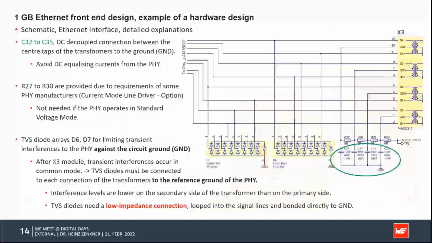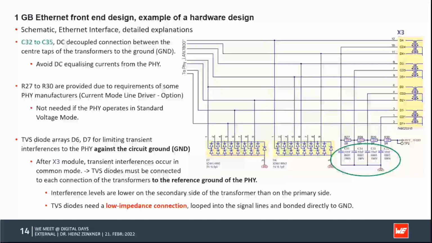The next point depends a little bit more on which kind of PHY you use. You see here there are capacitors which tap the center taps to the ground. The reason is, if you have a PHY which has, let's say, a DC offset on the different channels, and you connect them all together, and that PHY works in a so-called standard voltage mode, you may have a DC offset from one channel to the other, which is then shorted.